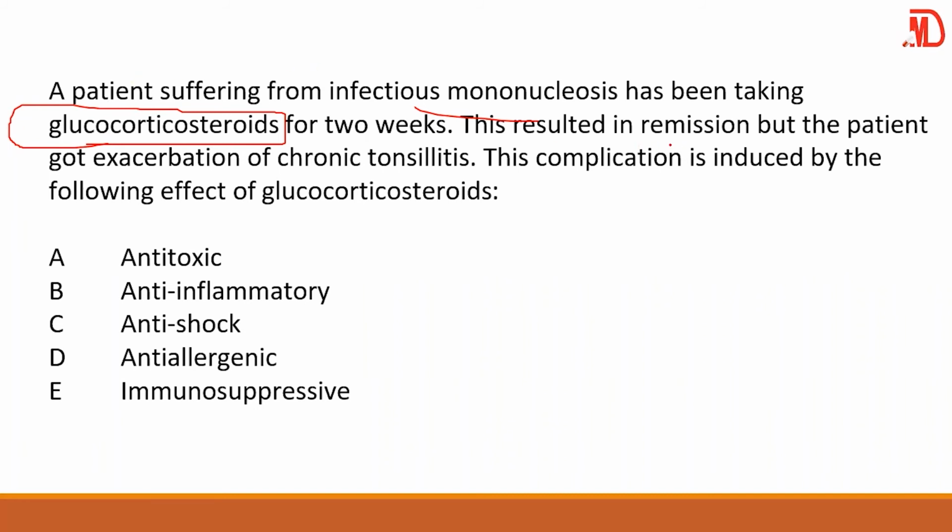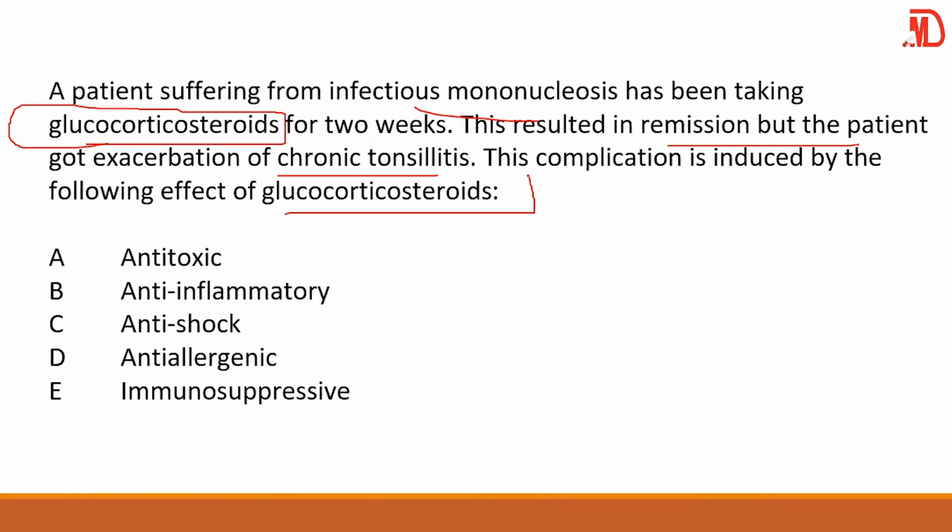Now, this resulted in a remission, but the patient got an exacerbation of chronic tonsillitis. This complication is induced by which effect of the glucocorticoids? You know that glucocorticoids are also immunosuppressive. So when the immune system is low, of course, other diseases are likely to come on board, isn't it?